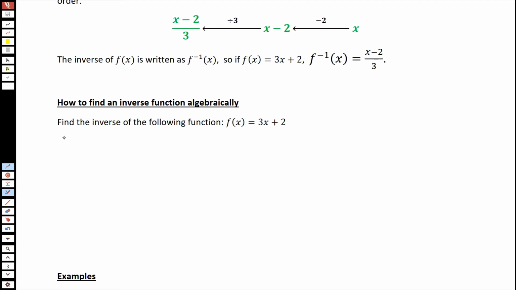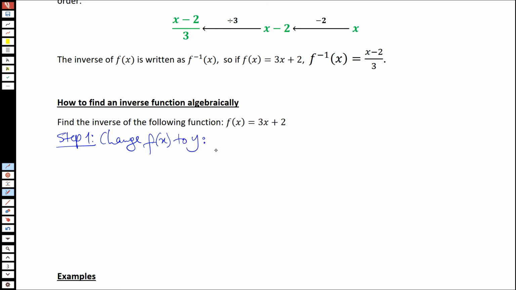Step one: if you're given an original function, in this case f of x equals 3x plus 2, the first step is to change f of x to y.